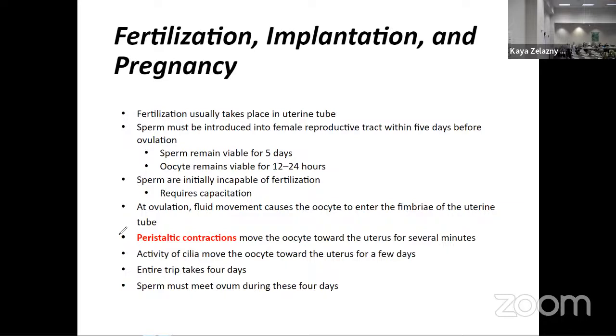That whole trip down the uterine tube takes about 4 days. Okay, so the sperm are going to meet the ovum, if they're going to meet the ovum, sometime along that process, and it usually does happen out near the ovary, out in those initial portions, because of that viability of the oocyte, which is pretty short.